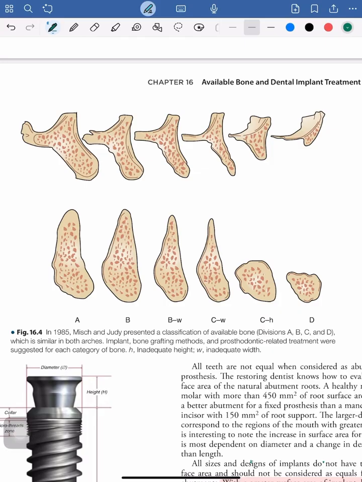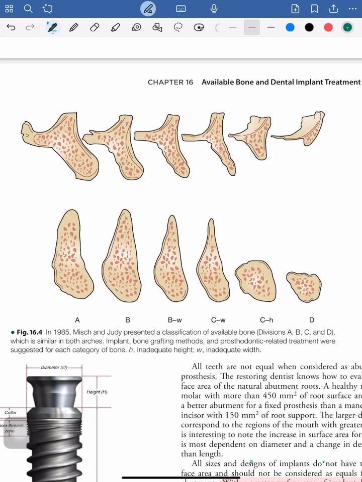When we talk about type B, it is again divided into two parts. The first one is where you have sufficient bone in terms of width and height, but it is slightly poorer than type A. You might have to do some sort of osteoplasty to improve the bone.